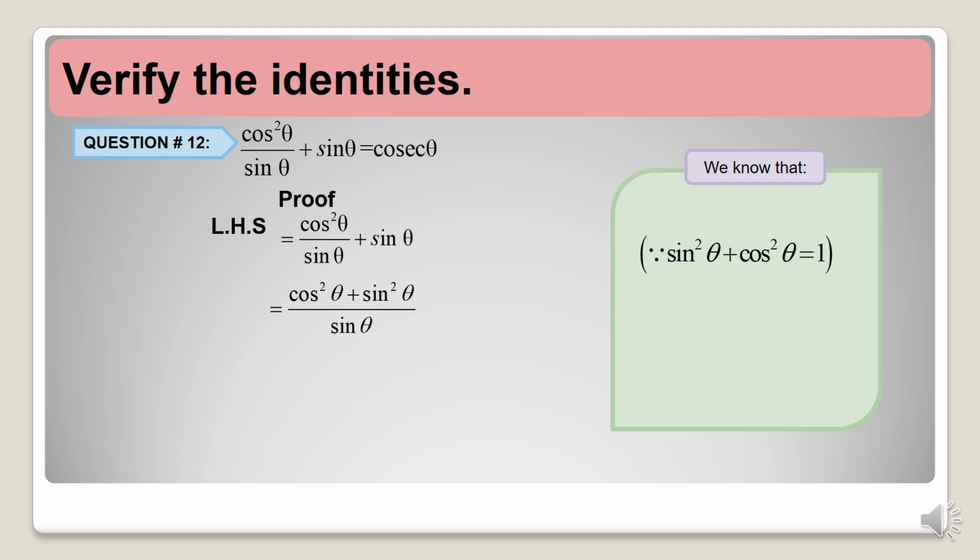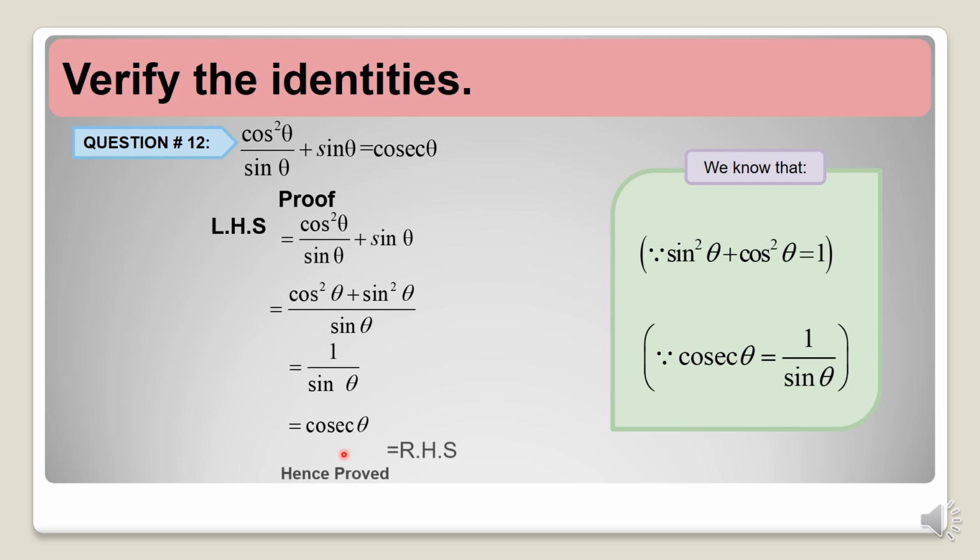Sine will be multiplied with sine and we will get sine square theta. As we have in the first identity, sine square theta plus cos square theta is equal to 1, instead of this we will apply the identity. 1 over sine theta is actually cosecant of theta. Cosecant theta is the reciprocal of sine. So it is equal to the right hand side. By the application of the first identity, we got cosecant of theta.